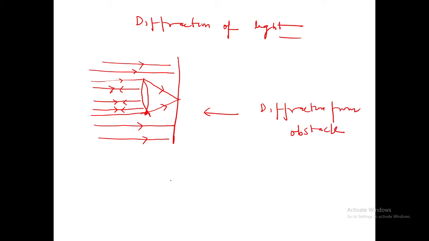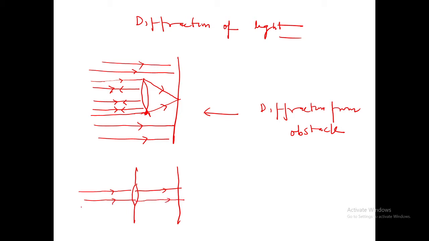The second one is diffraction from an aperture. So this is the screen and this one is the aperture. Light goes and passes through it.